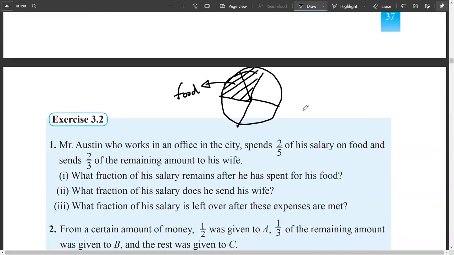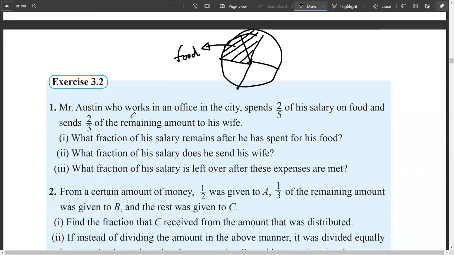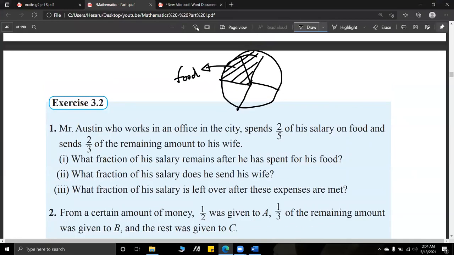So you can write: fraction of salary remain after food expenses.